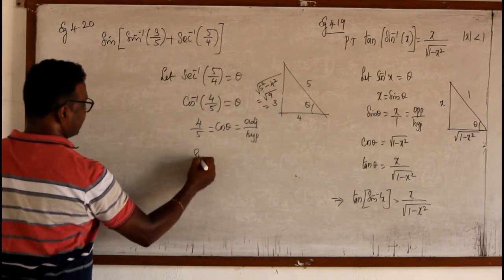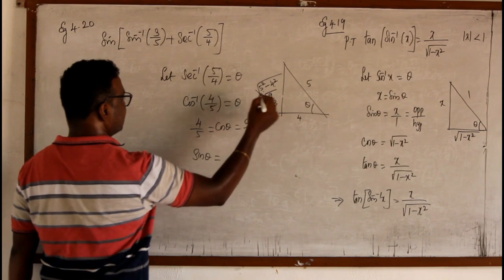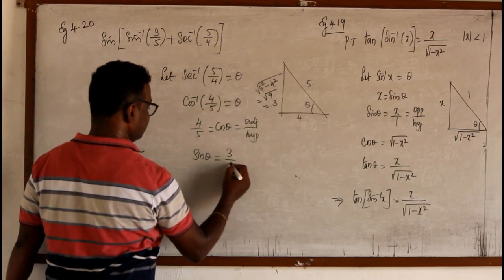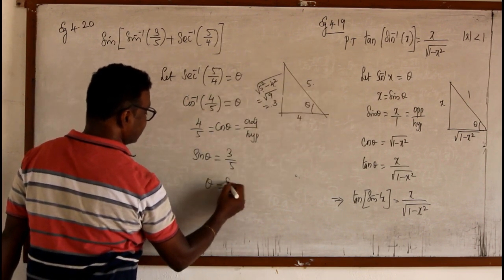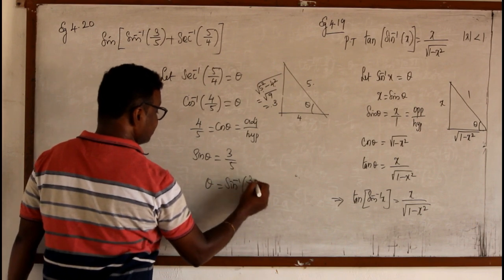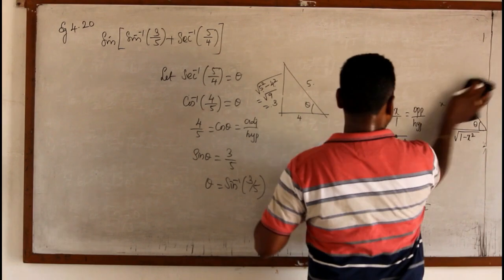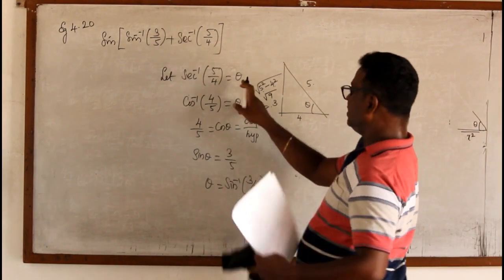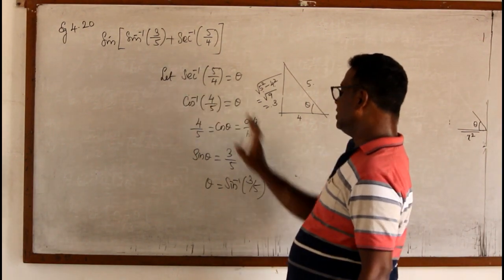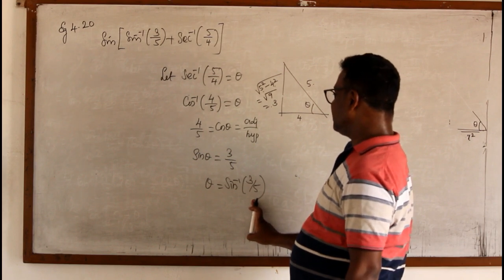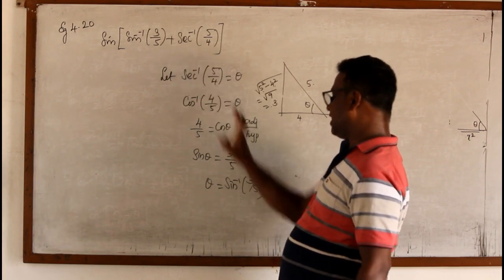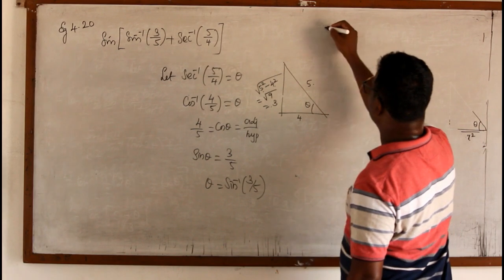From this, I can write sin theta as opposite by hypotenuse, 3 by 5. From this, theta is sin inverse of 3 by 5. So the same theta is secant inverse of 5 by 4, and the same theta is sin inverse of 3 by 5. So instead of secant, I can write sin inverse of 3 by 5.